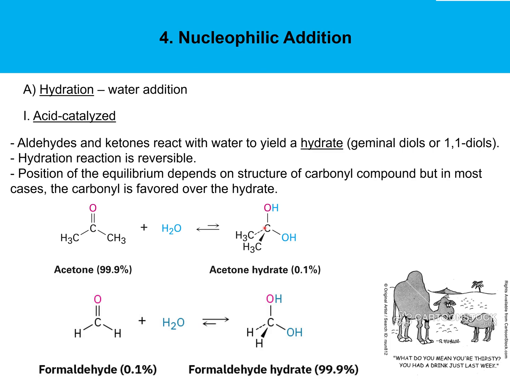This reaction is reversible, meaning if we start with the hydrate, we can go back to acetone and water. Where this equilibrium lies depends on the carbonyl we're using, but in most cases, the carbonyl will be favored over the hydrate. One exception to that is formaldehyde. For formaldehyde, the equilibrium is favored towards the hydrate.